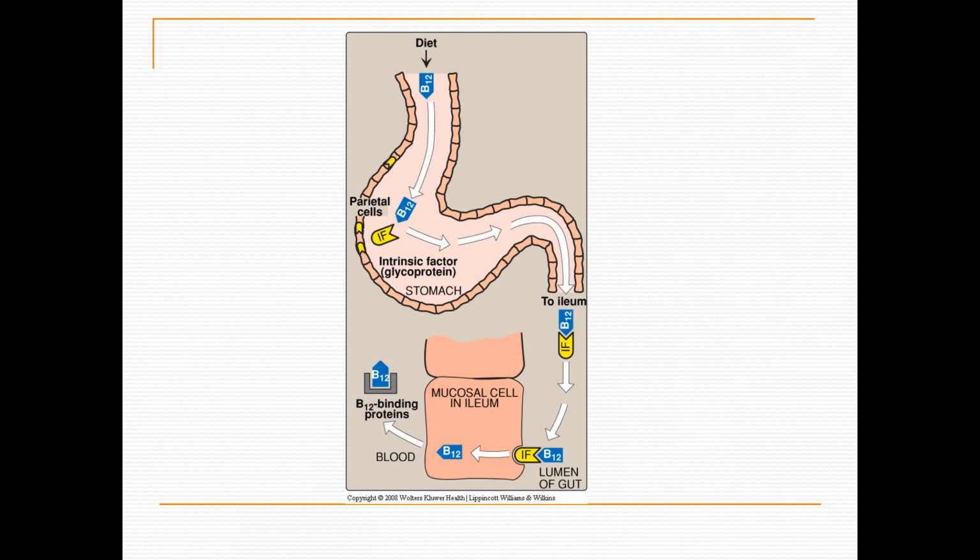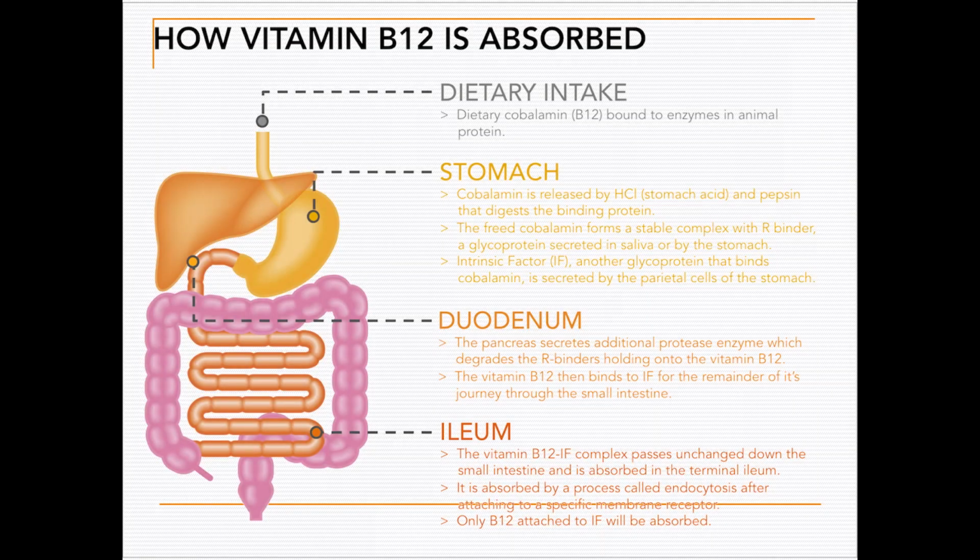This is the diet when we take in vitamin B12. It first binds to the intrinsic factor from the parietal cells of the stomach and then goes into the ileum, where it is absorbed. As I discussed about dietary intake, the stomach is mainly where the intrinsic factor is synthesized by the parietal cells, and it goes into the duodenum.